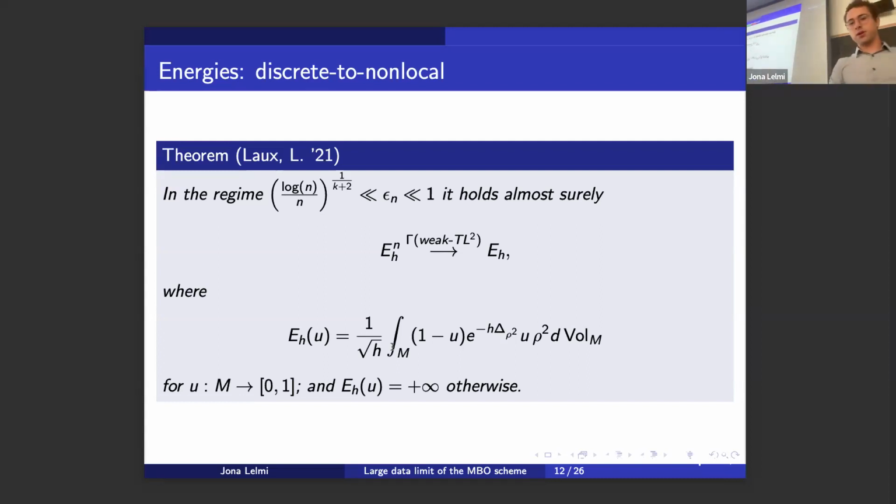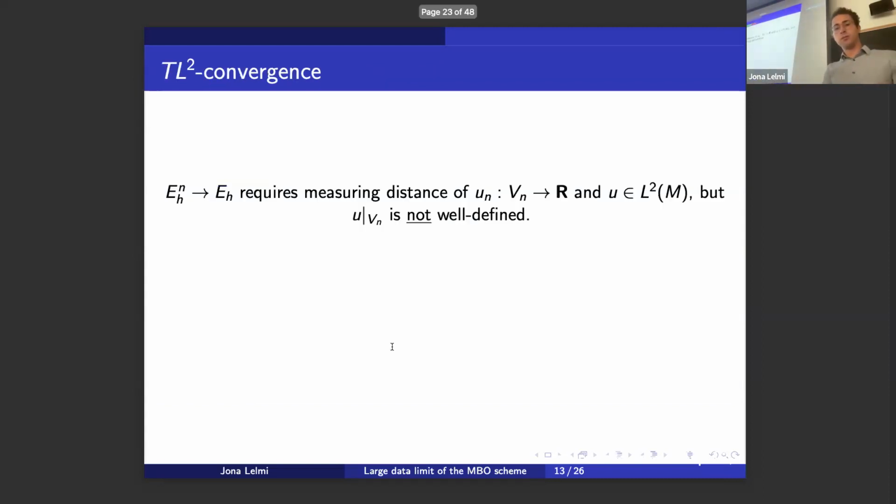Let me just pause for a moment to say what this TL2 convergence is. We are studying the gamma convergence of energies defined on graphs to an energy which is defined in the continuum. And this requires us to have a notion of convergence to compare functions defined on discrete data points to functions defined on the manifold, but which are just L2.